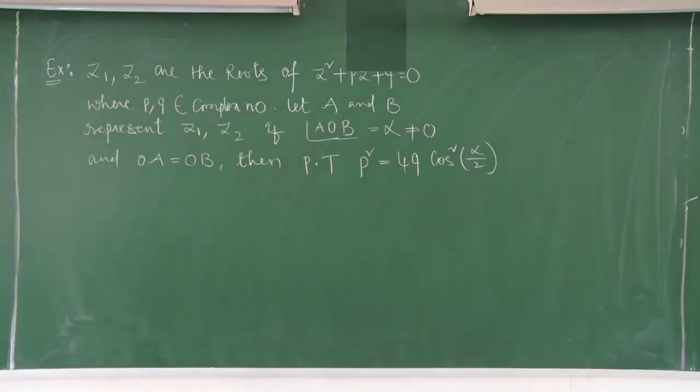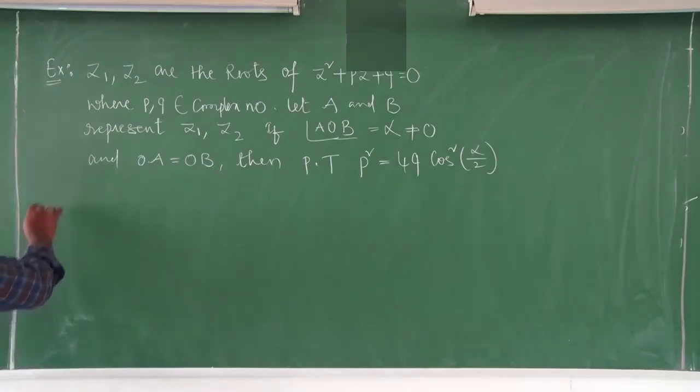So if you observe, by the given data, Z1, Z2 are the roots of z square plus pz plus q equal to 0, where p, q belong to complex numbers. Let A and B represent Z1, Z2. If angle AOB equals alpha, which is not equal to 0, and OA equals OB, that is what we have to prove.